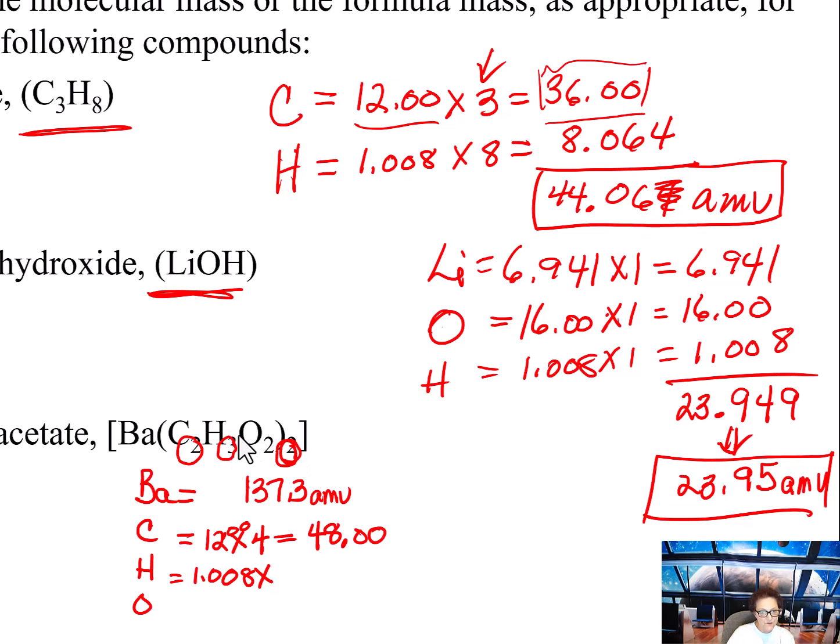So that gives me 6 hydrogens, which is going to give me 6.048. And then finally oxygen, which is 16.00 times, I have 2 in the formula and 2 outside the parentheses. So 2 times 2 gives me 4, and 4 times 16 is 64.